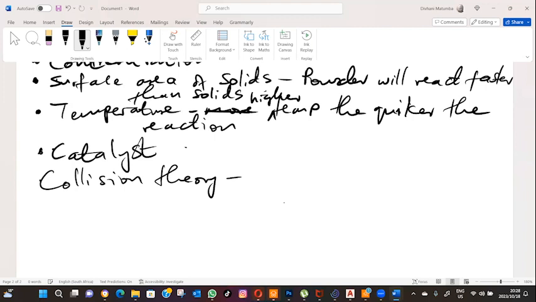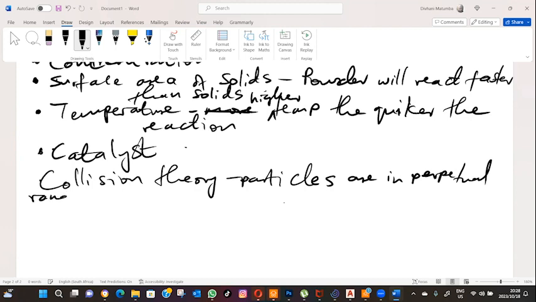It states that particles are in perpetual random motion during the reaction.